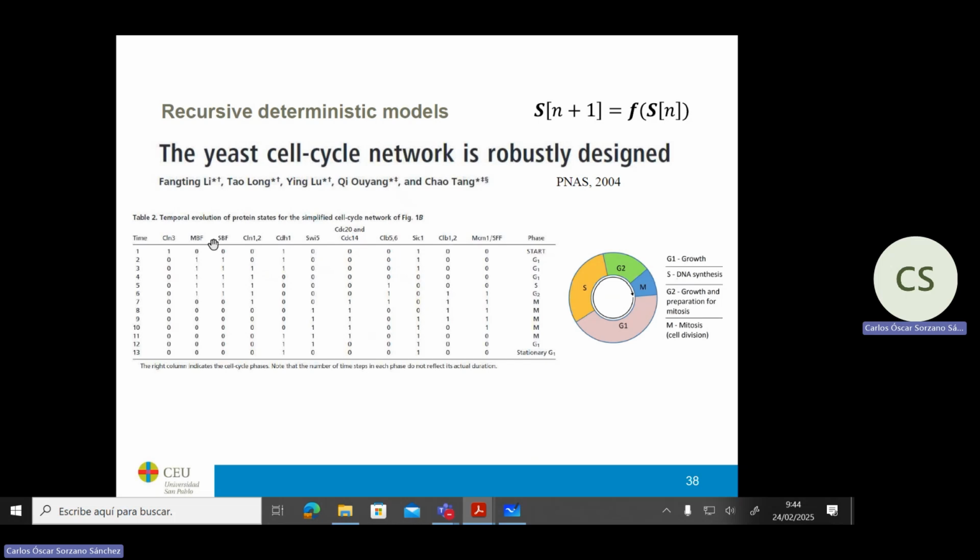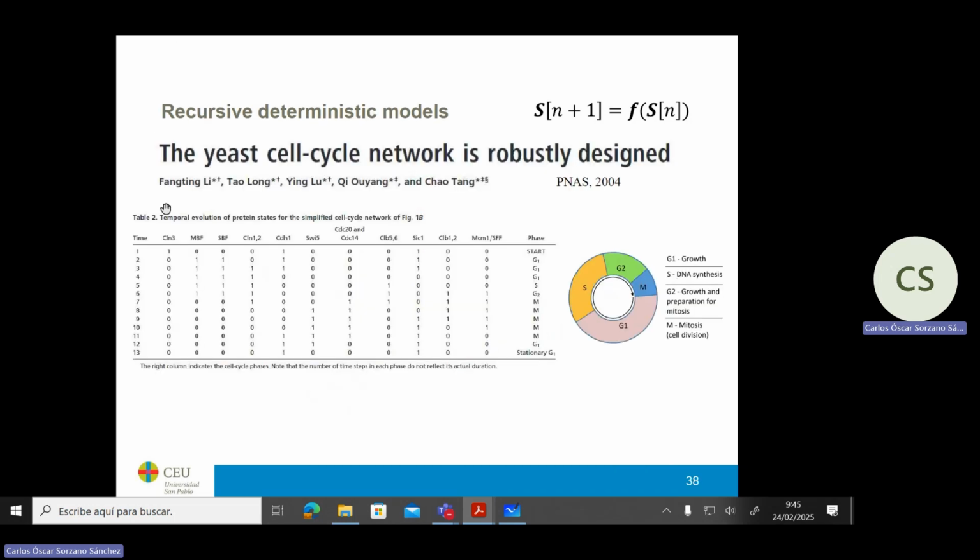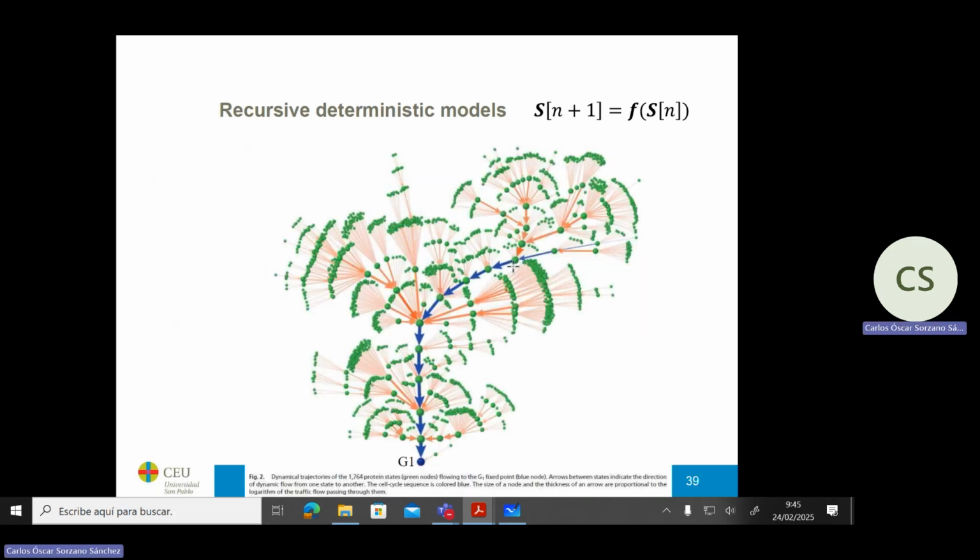Each one of these states is associated to a state in the cell cycle. What they studied was that it doesn't matter where you start. Each one of these points is a different configuration of these states. If you start from this state, then you evolve to this one, to this one, to this one, and at the end, you're at G1.